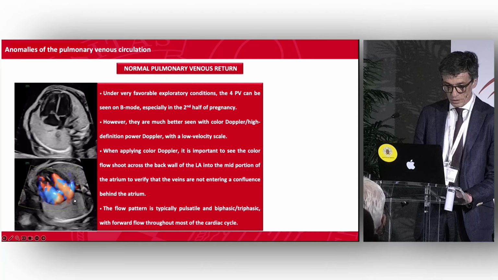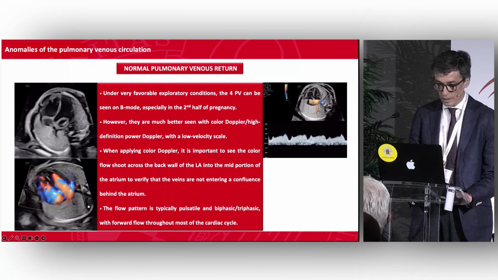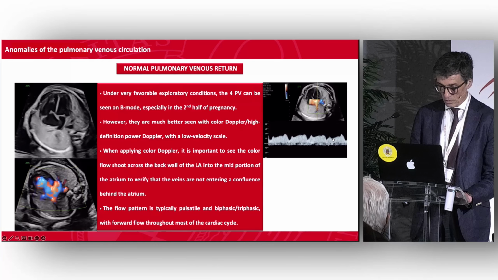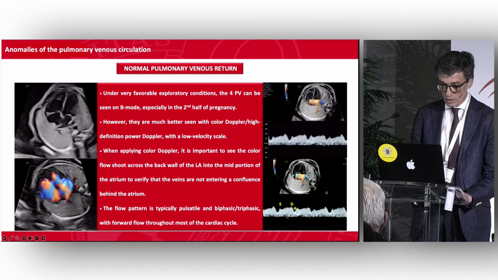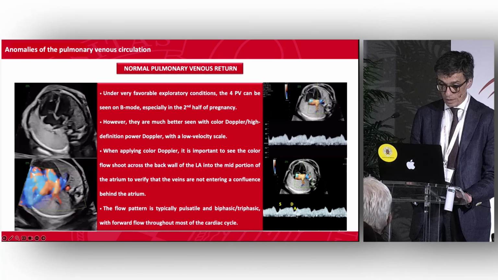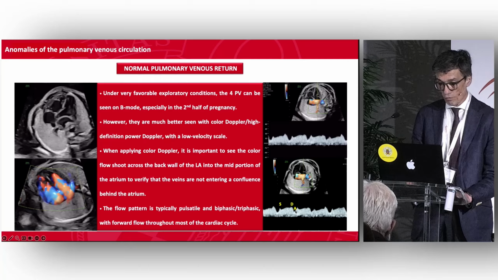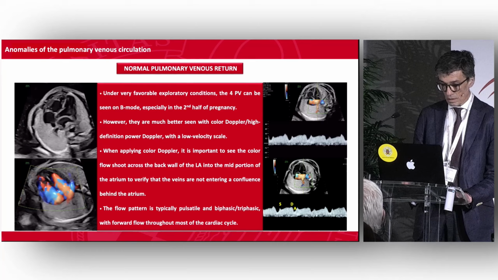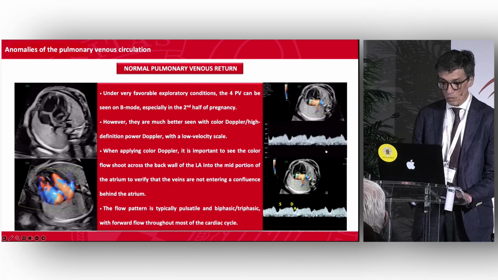When we explore these vessels with pulsed Doppler, we usually see antegrade flow during the whole cardiac cycle, with 2 peaks: one in ventricular systole and the second during the first phase of diastole. The lowest velocity is seen during the second phase of diastole, during the atrial contraction. But in normal hearts, there's usually antegrade flow during the whole cardiac cycle.